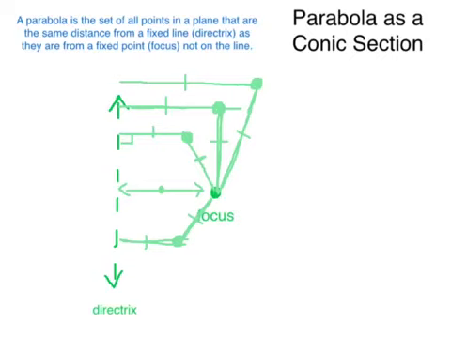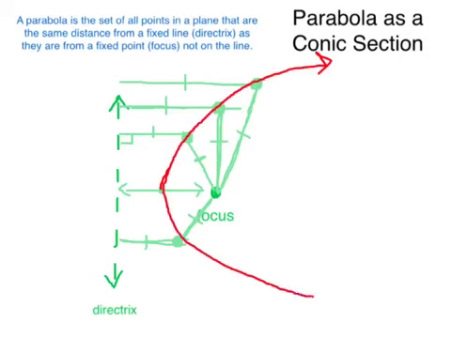And you can continue that pattern infinitely. And what you get if you were to list every point that is the same distance from the focus as it is from the directrix, you would create this shape. And that's the parabola.